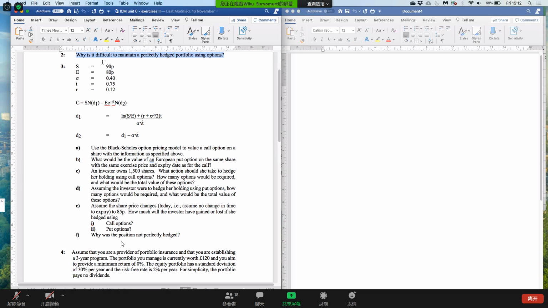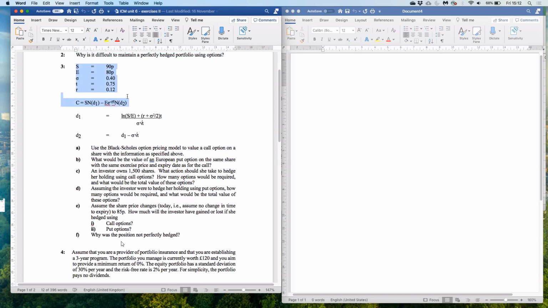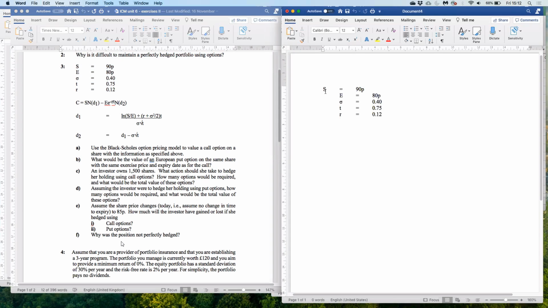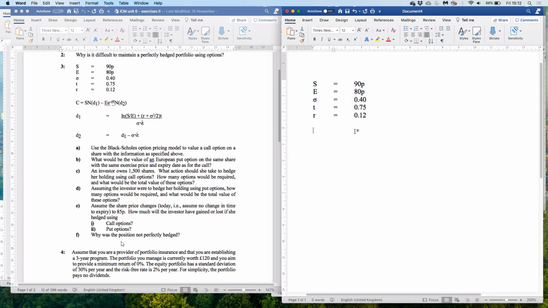Question number 3, we have information about an option. Again, I want to make it large. The stock price is 90 pence.